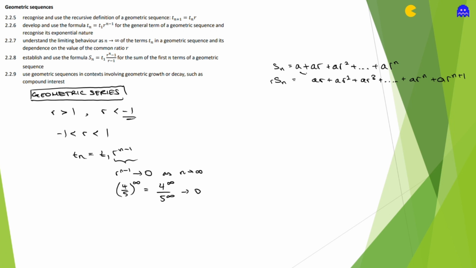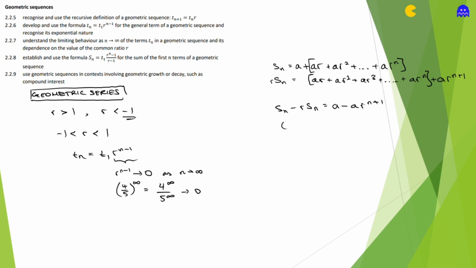So that a maps onto a times r, ar maps onto ar squared, and so on and so forth. And so if we subtract Sn minus r Sn, we can write that as a, and then all of these terms here will cancel out, leaving us with a minus ar to the n plus 1.